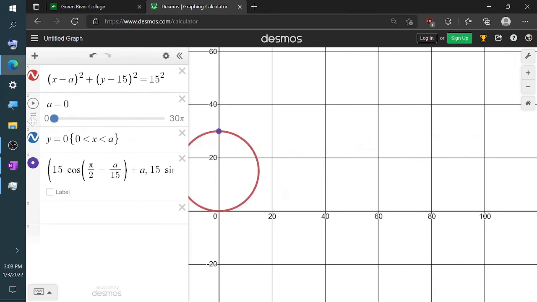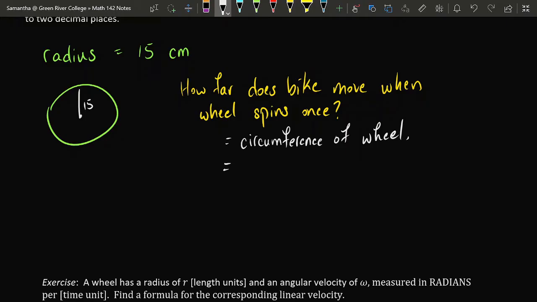Now, how long is this line segment traced in blue paint by the wheel as it rolls out? That blue line segment is going to be exactly equal in length to the circumference of the wheel. The circumference of the wheel is going to be exactly the same as the distance traveled by the wheel in one full revolution. So the circumference of the wheel is the distance traveled by the bicycle when the wheel spins around one time, one revolution.